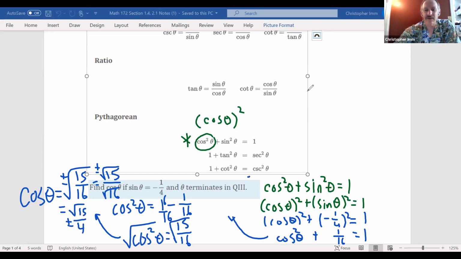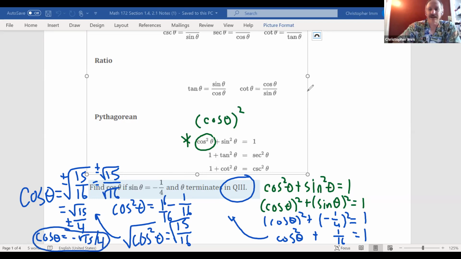So it terminates in quadrant 3. Is cosine plus or minus in that quadrant? Negative. Negative, great. All Students Take Calculus. Tangent's the only one that's positive. So my answer to this one is going to be a minus. I can only get one answer out. And so in this case, it's going to be minus root 15 over 4. Okay.